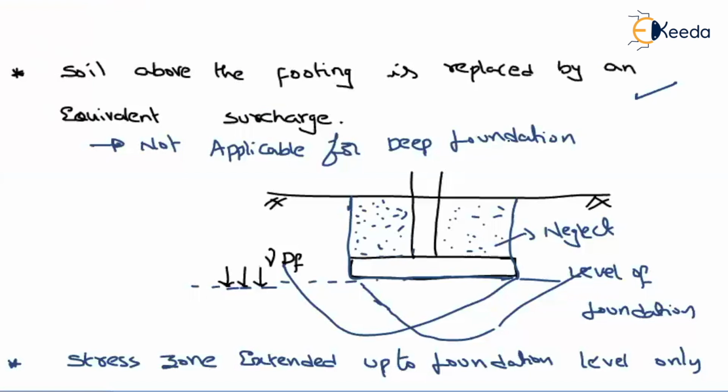But in reality, that is not applicable for deep foundations. Also, the failure planes, or stress zones, are up to the foundation level and do not reach the ground surface. These are the assumptions considered while deriving the equation of ultimate bearing capacity. You have to learn all these assumptions by heart.